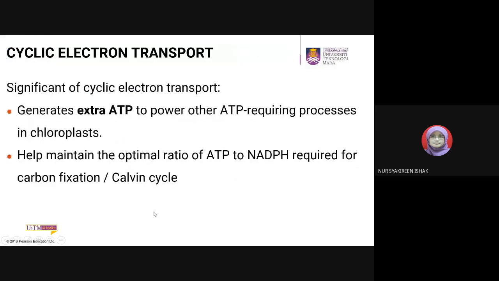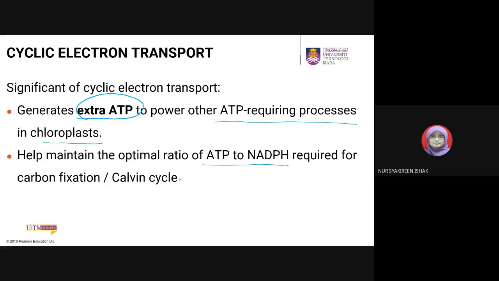So what is the significance of having cyclic electron transport? Okay, so it is to generate extra ATP, to generate more ATP molecules, okay, for the plant. So it generates extra ATP to power other ATP requiring processes in the chloroplast, and helps maintain the optimal ratio of ATP to NADPH required for carbon fixation or the Calvin cycle.